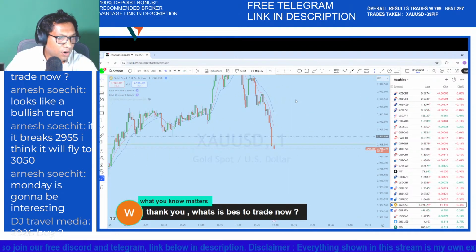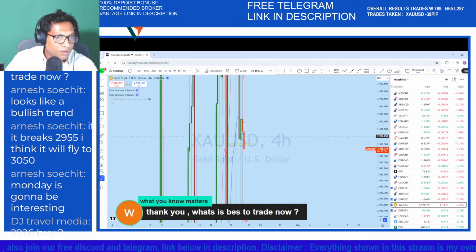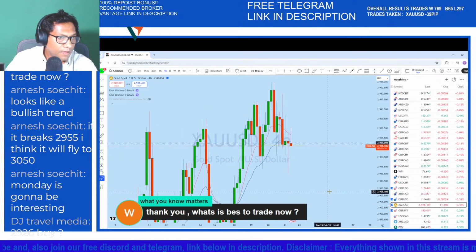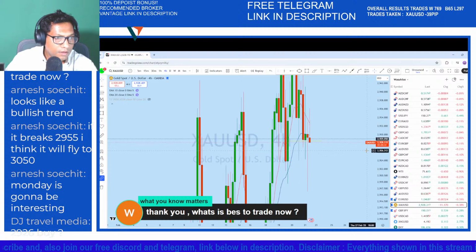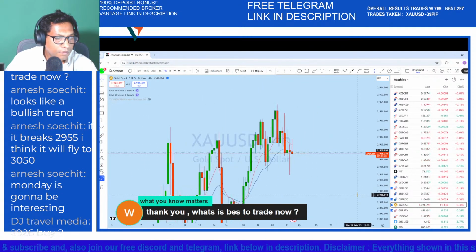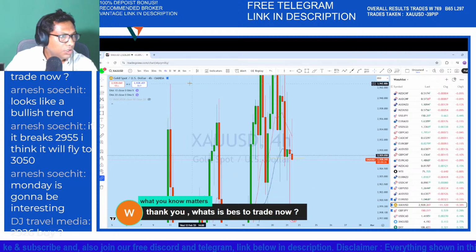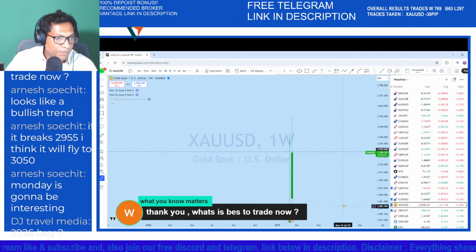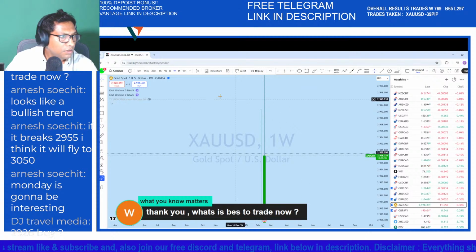Looking again at the 4 hour. Okay, in that zone, it's a very unusual drop, so we will see how far it may come in that zone.